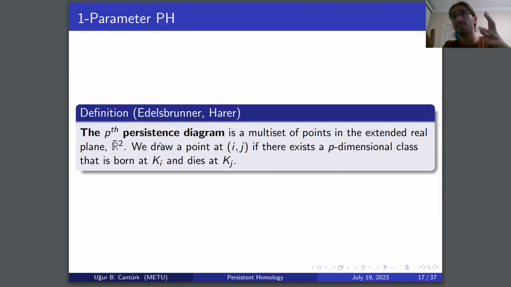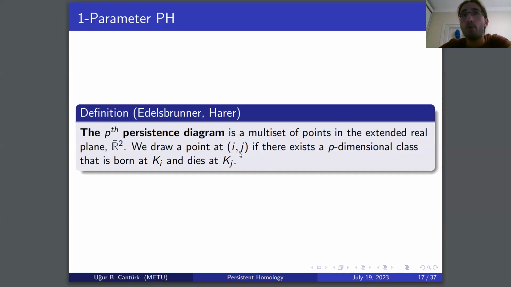You can consider it like this. Let us say in the decomposition of our persistent module, we have some interval module where your interval is from 1 closed to 3 open. If you have something like that, then you go to your extended real plane and put a point at the point (1, 3), with the two endpoints as coordinates.